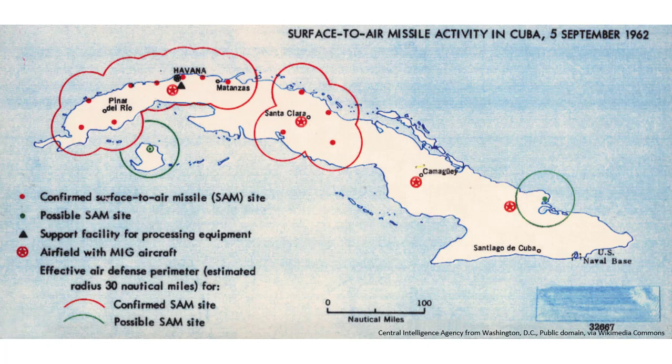Khrushchev blinked first, ordering the ships to return to the Soviet Union, and a deal was struck in which the USSR agreed to remove the missiles it had placed in Cuba, and in return, the U.S. would remove its own missile installations in Turkey 6 months later. Although the world breathed a sigh of relief, the Cuban Missile Crisis was a stark reminder of how serious Cold War maneuvering could be.